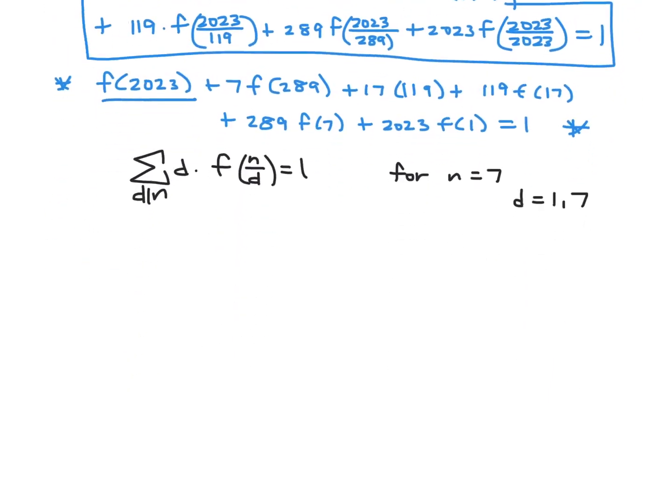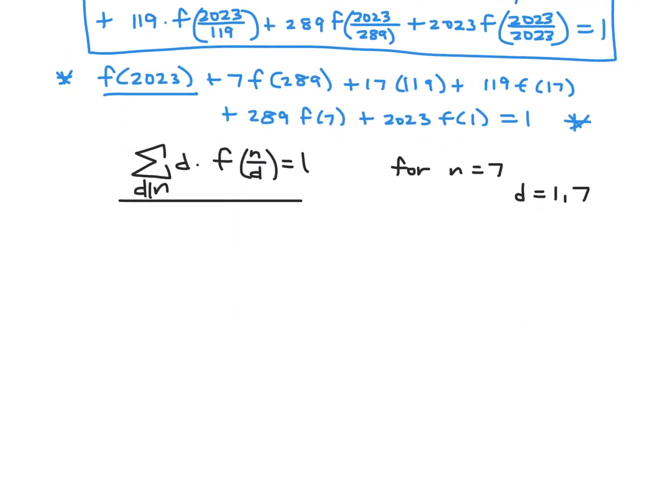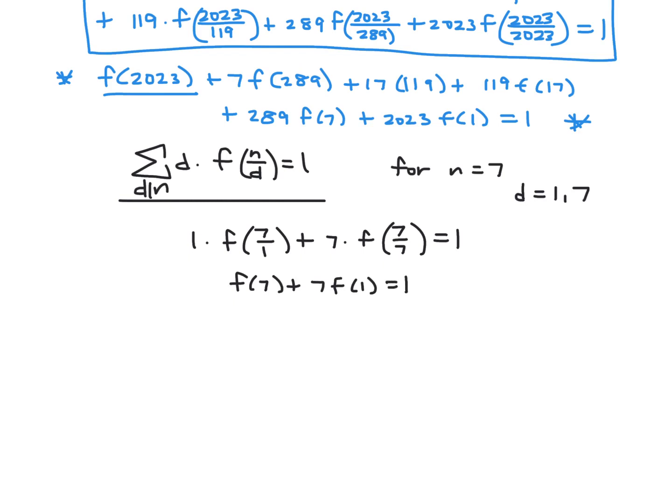So if we apply it there, it's 1 times f at 7 over 1 plus 7 times f at 7 over 7. So you're just doing the same thing. This cleaned up is really just f at 7 plus 7 times f at 1. And that equals 1. We'll call that equation 1.